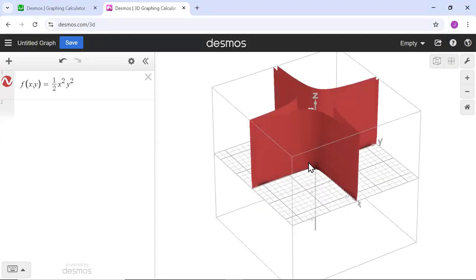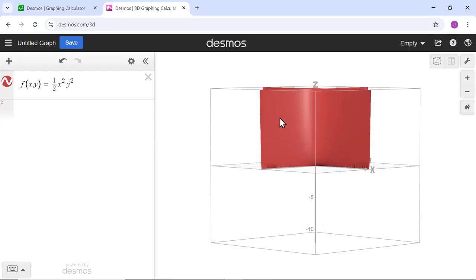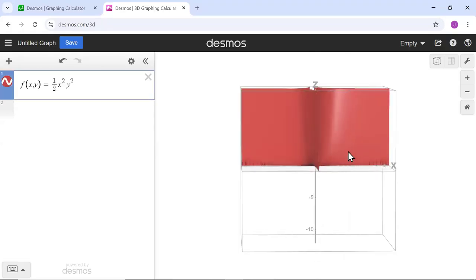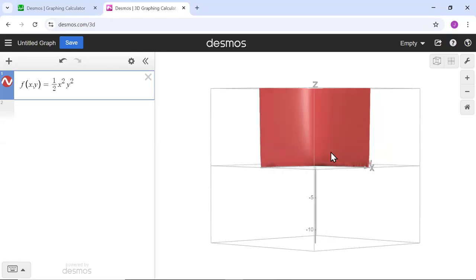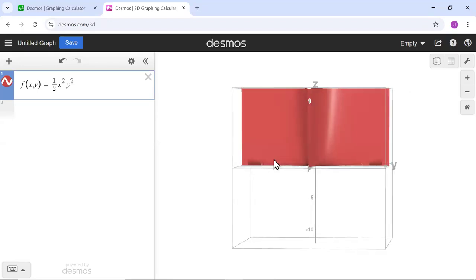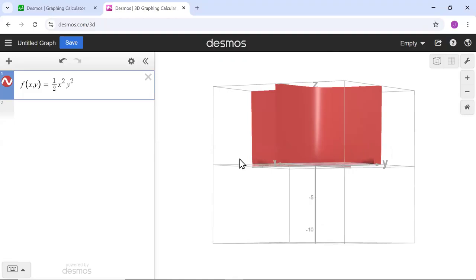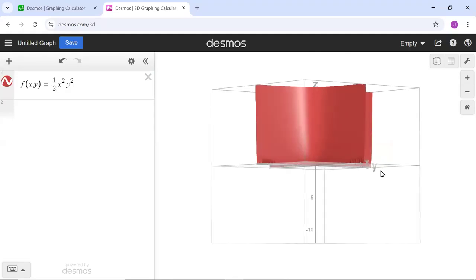And on the side, it kind of looks like just a big wall going up. Now, this graph, while the test was inconclusive, it does look like we're getting minimum values along the x and y axes. That's when x was 0 or y was 0.